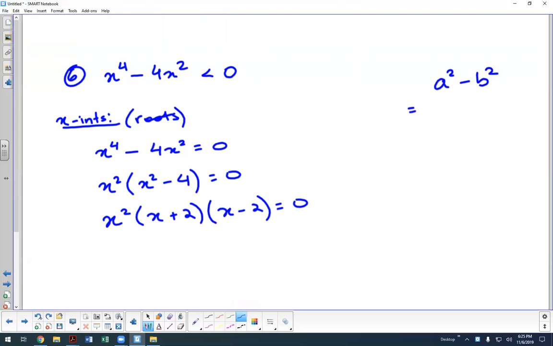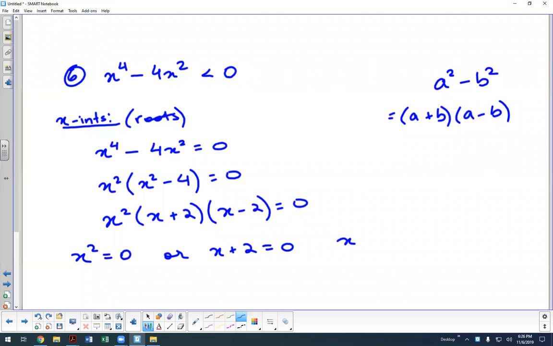So if you have the first and last term that are perfect squares, it factors into a plus b, a minus b. Okay, then you take each factor, set it equal to 0, which should give us our roots here. So from x squared equal to 0, x plus 2 equal to 0, and x minus 2 equal to 0.